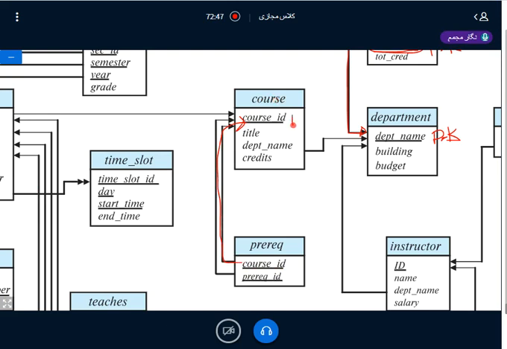Here, course ID is a primary key. And with this course ID, we can refer to the table course. And here, course ID is a foreign key. And there are many examples like this in this schema.